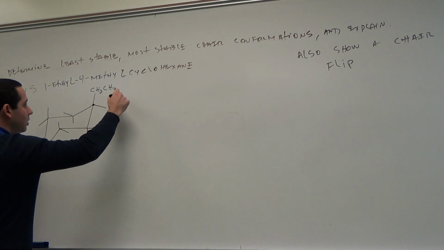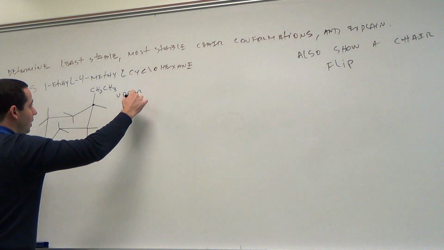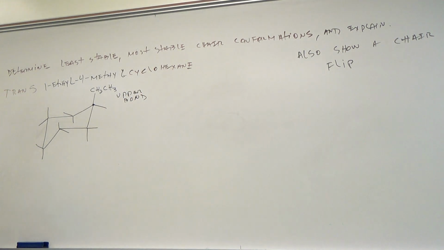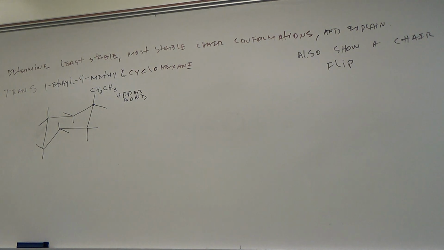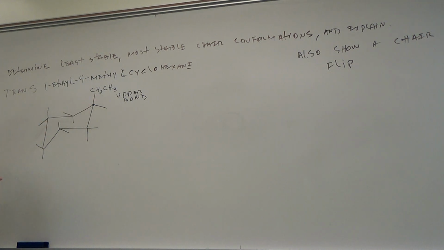This is what type of bond? This is the upper bond. And it needs to be trans. So the next will be what type of bond? Lower bond. Nothing at all to do with equatorial. If this is the upper bond, the next one is going to be the lower bond. Which one is the lower bond from these two? This one?